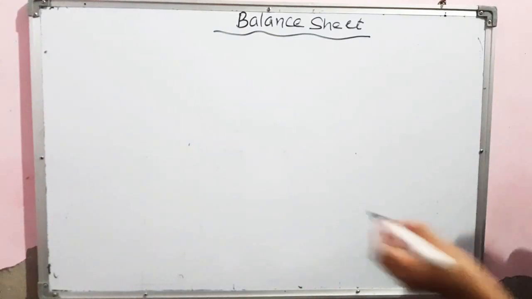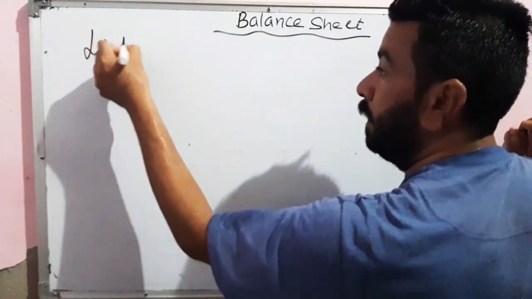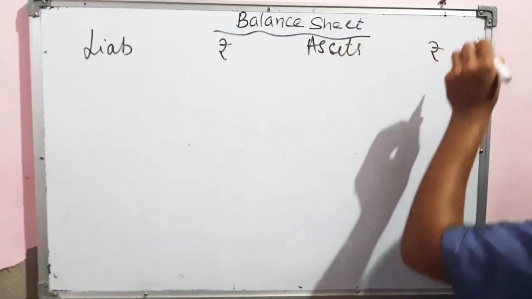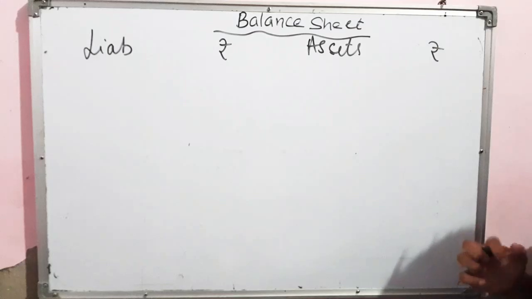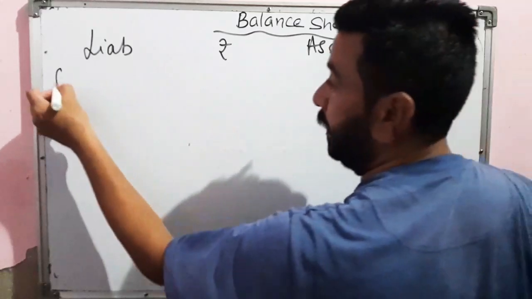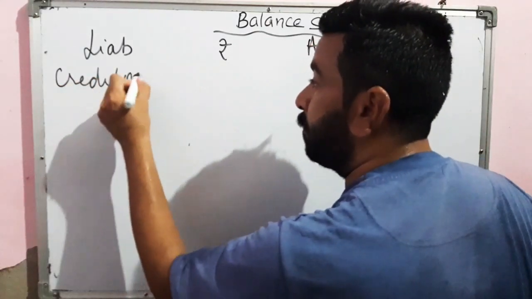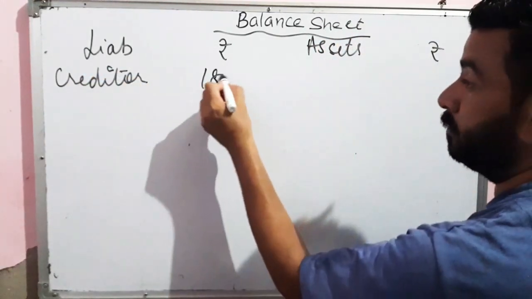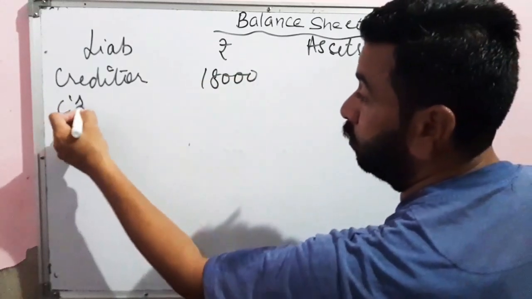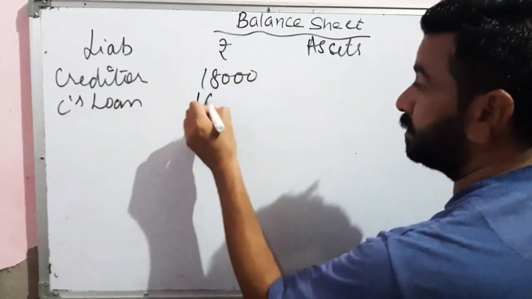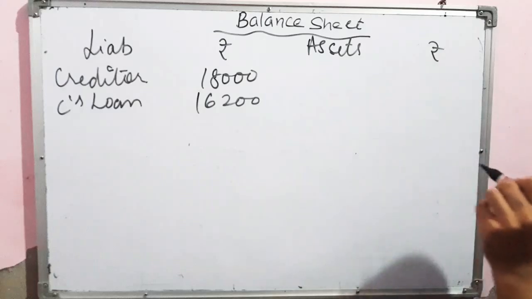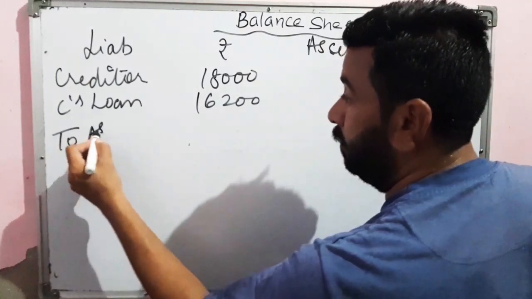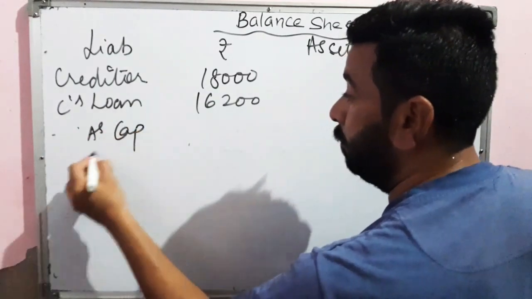On the liability side, liabilities, amount, assets and amount. We did not touch the creditors; the creditor amount is the same. Creditors that were provided in the sum were 18,000. C's loan, 16,200. Next, A's capital, B's capital.